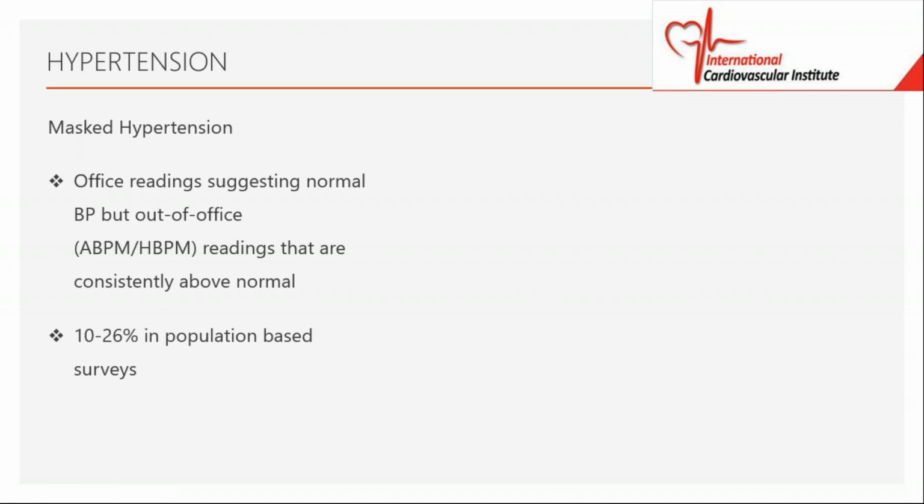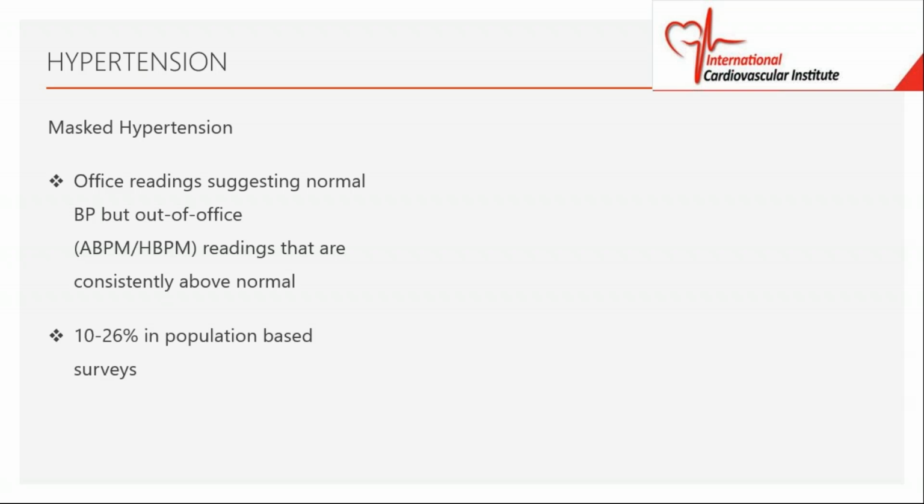and their blood pressures are normal. But when you evaluate these patients, you realize that they have ophthalmic changes suggestive of hypertension. You do your echocardiogram, they have LVH, they have kidney failure, and they may have had a stroke. But for some reason, whenever they come to the office, the pressure is normal.